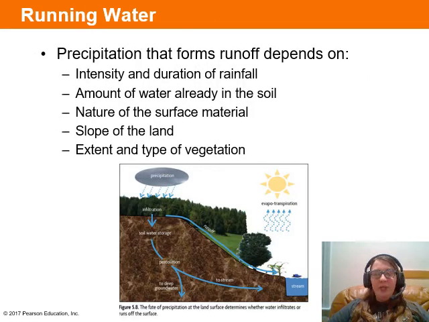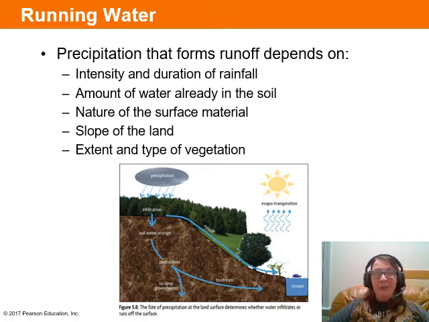So if we want to determine whether the precipitation that hits the land is going to infiltrate and be absorbed or just run off along the surface, there are a lot of different factors that are going to affect this. The first is just going to be how intense and how long did it rain. We'll see that if it's just a short afternoon sprinkle, the majority of that water is going to be infiltrated or be absorbed by the ground.